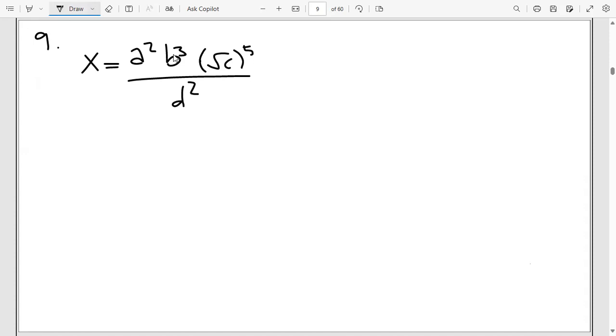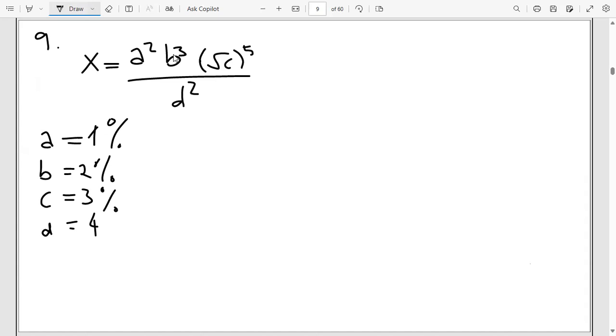Okay, so this is the formula that we have, and for the percentage contributions we have A, B, C, and D. A is contributing 1%, B is contributing 2%, C is contributing 3%, whilst D is contributing how much? 4%, like this.